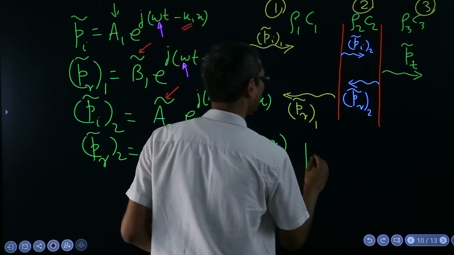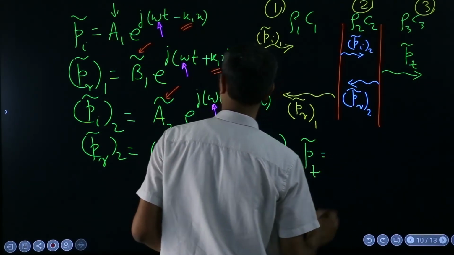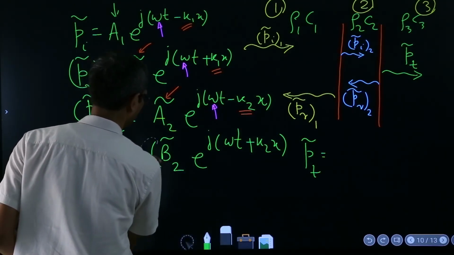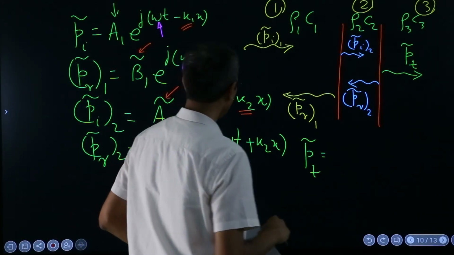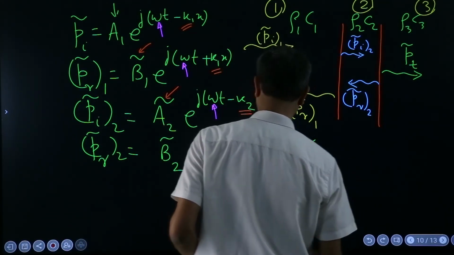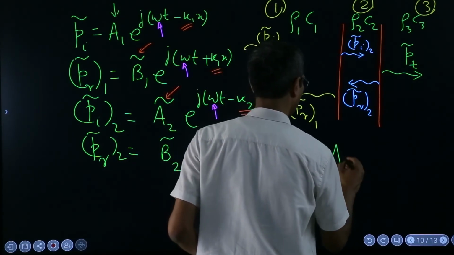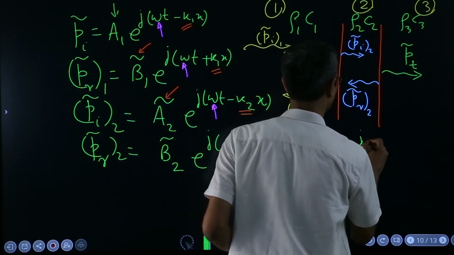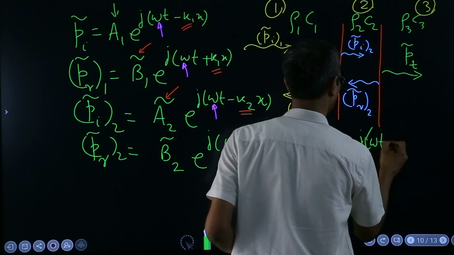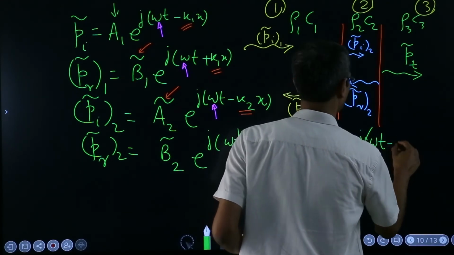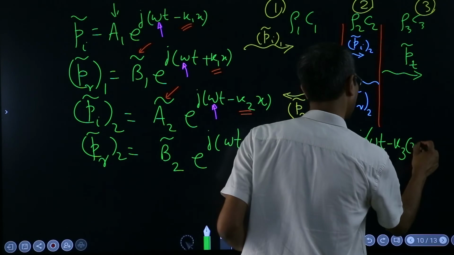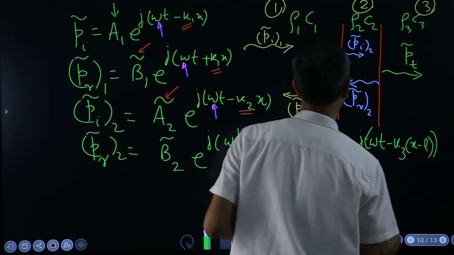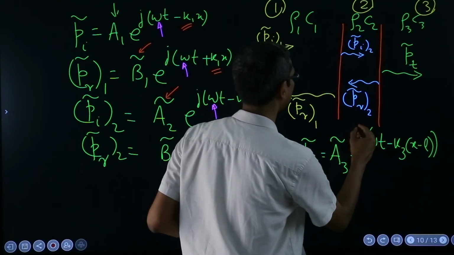Then P transmitted will be this, I'll delete, I'm feeling bad about this. Yeah, PT will be A3 e raised to j(omega t minus k3(x minus L)), where L is the distance between these.